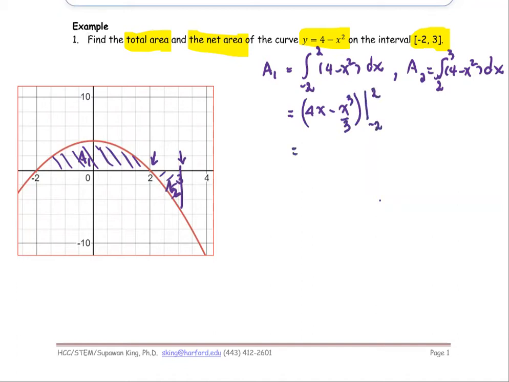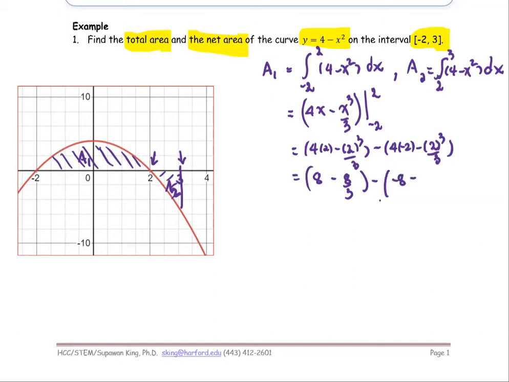And then compute the number by using the upper limit first, and replace by the lower limit. We got 8 minus 8 over 3, subtracted by -8 minus, this is -2, sorry, the negative becomes positive 8 over 3.